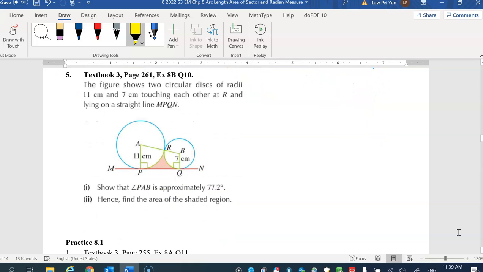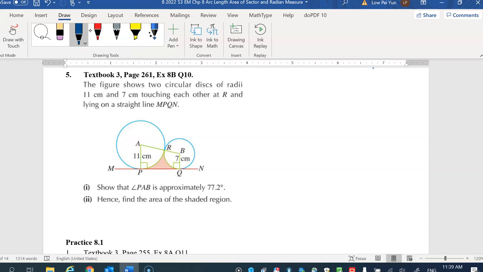Okay, let me move on to question 5, the very last question of this video lesson. We have a rather interesting question where we have two circles touching each other. The figure shows two circle discs of radii 11 and 7 touching each other at R. So we have this straight line ARB, because if they touch at R, and these 3 points lie on the circle, we have this straight line.